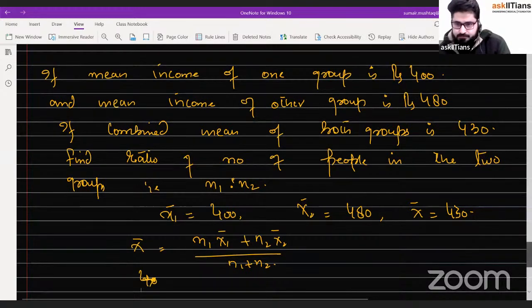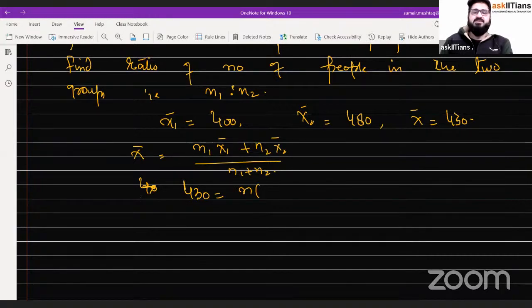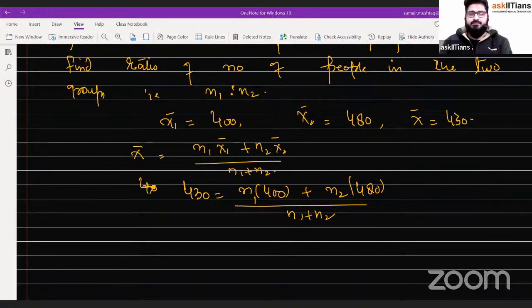This is 430 is equal to n1 times 400 plus n2 times 480 divided by n1 plus n2. After multiplication, this is 430 n1 plus 430 n2 equal to 400 n1 plus 480 n2.